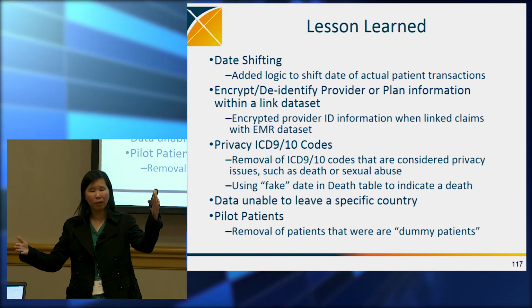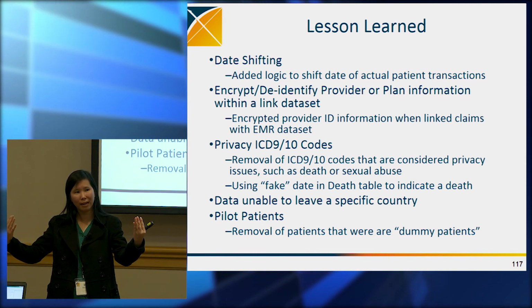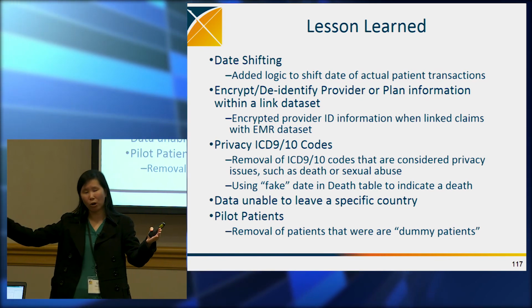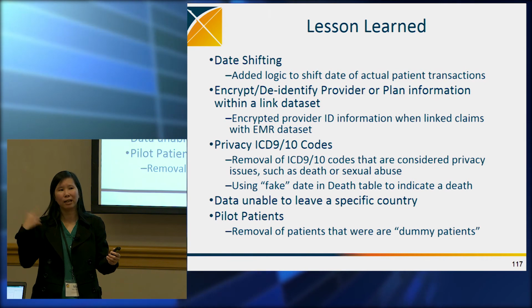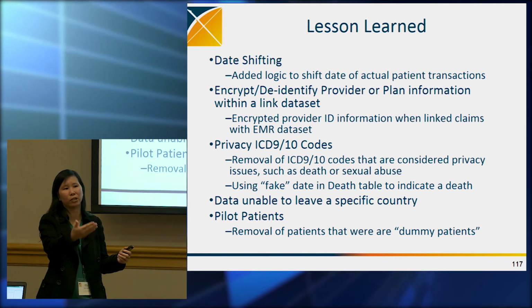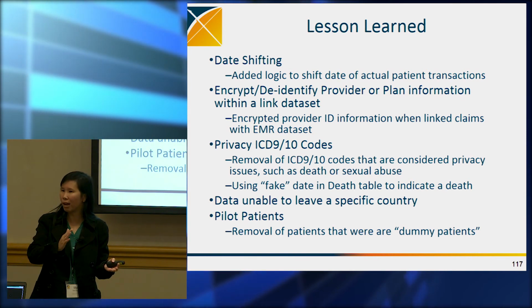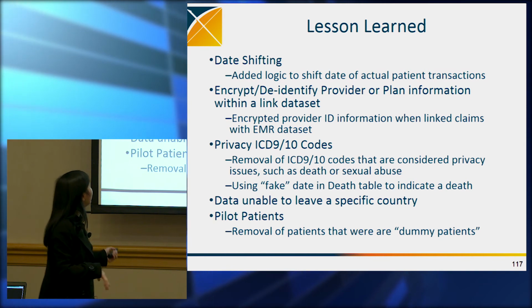That they went from the first diagnosis to the second diagnosis. We have to keep that duration the same, but I can't tell you when they went to the doctor. So I have to shift that whole patient's record by the same amount. But I randomized that logic, because if you knew patient A was shifted by the same amount as patient B, then you're going to be able to figure out some kind of algorithm. So we do actually run into things like that.